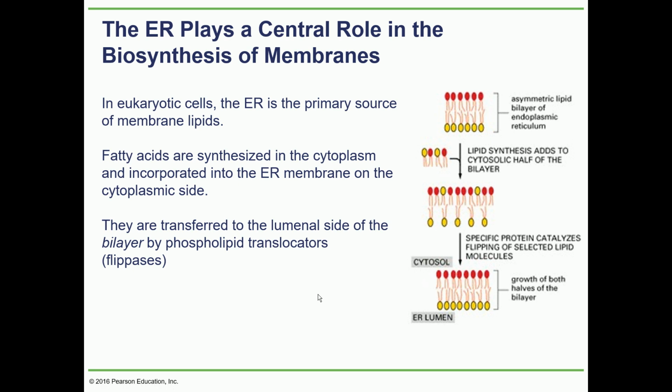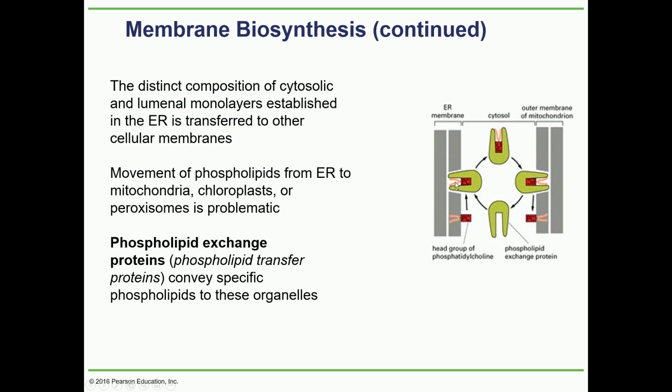And as you know, the whole ER endomembrane system is all connected. So this membrane can go and become part of other organelles in the endomembrane system. Similarly, the phospholipids present in the ER membrane can be transported to the membranes of mitochondria or chloroplast with the help of proteins called phospholipid exchange proteins.